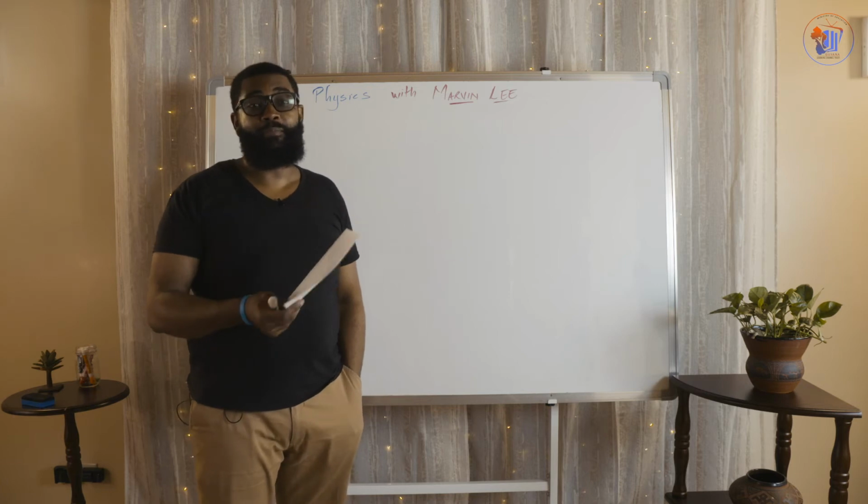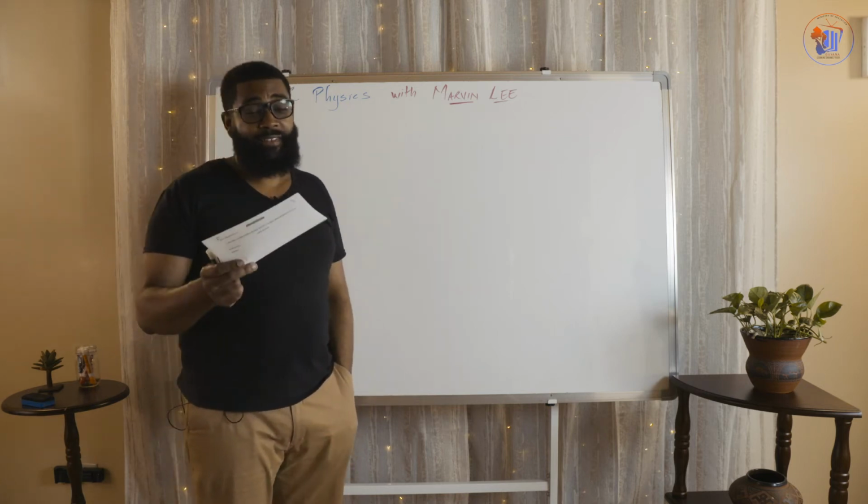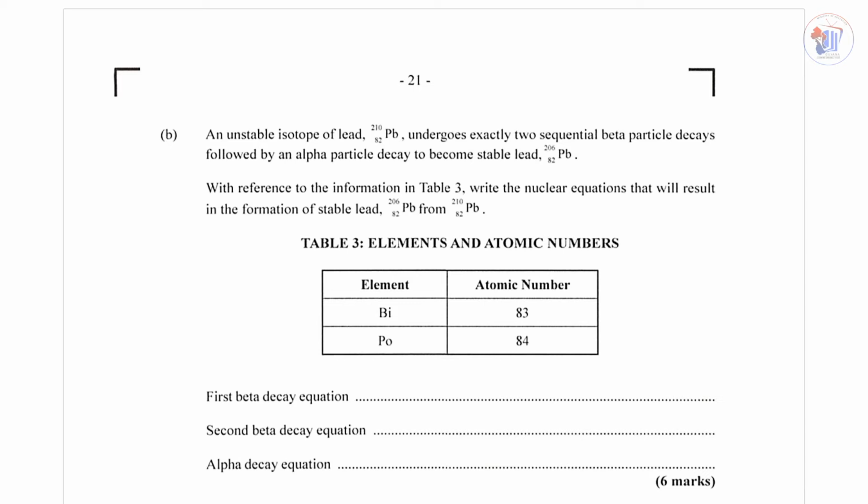We are now at part B of question 6, and it reads, an unstable isotope of lead, Pb-210 (atomic number 82), undergoes exactly 2 sequential beta particle decays followed by an alpha particle decay to become stable lead, Pb-206 (atomic number 82). This is really a lovely question.